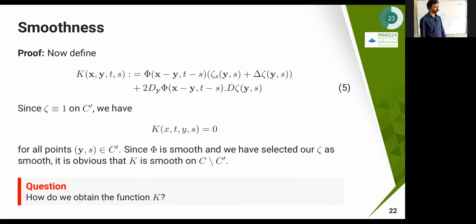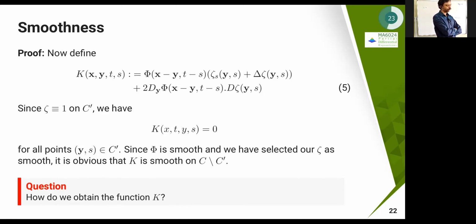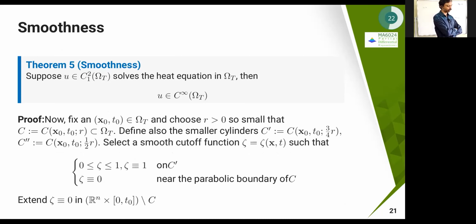Next, what I'm going to define is this kernel. This is my new kernel which I'm defining. We'll see how we apply this function k. I'm defining k of x, y, t, s equal to pi of x minus y, t minus s, which is nothing but my fundamental solution, and I'm taking the derivative of theta with respect to the time variable, because theta of x, t is there.